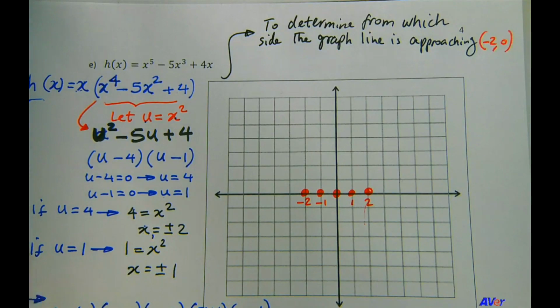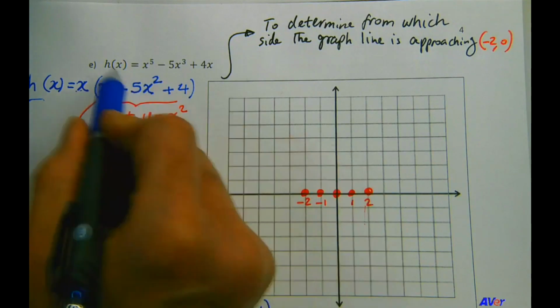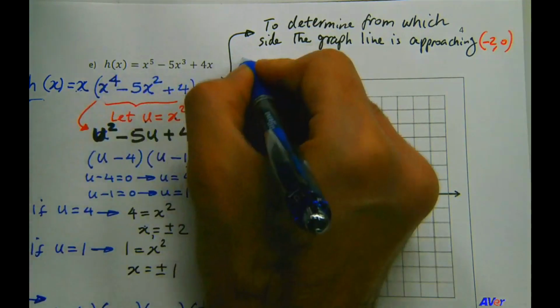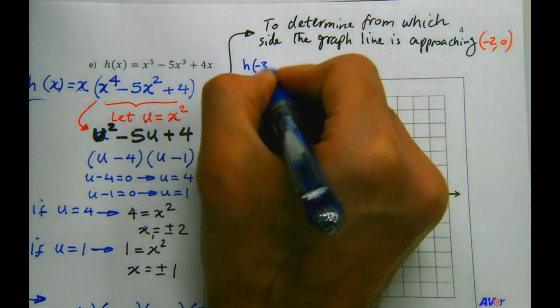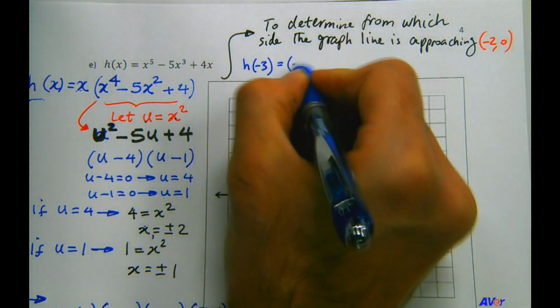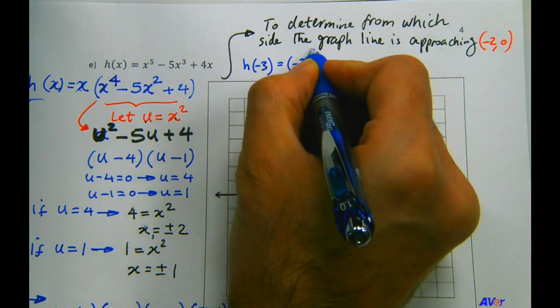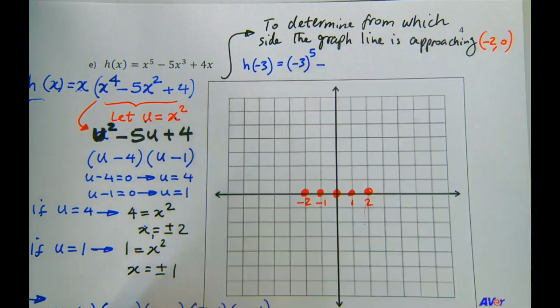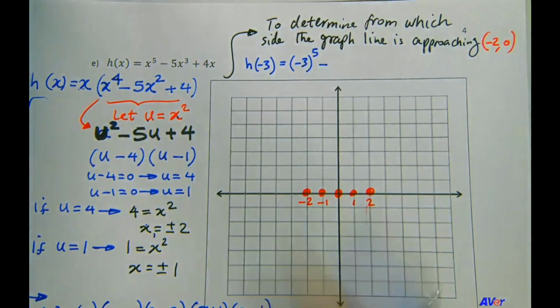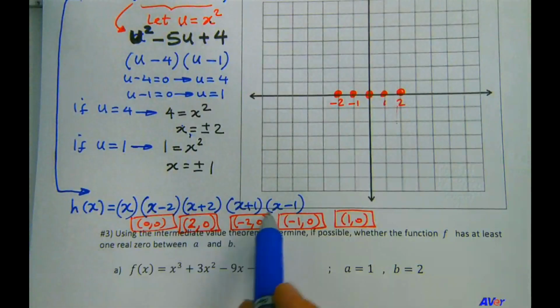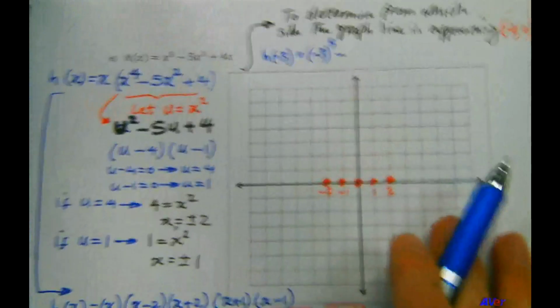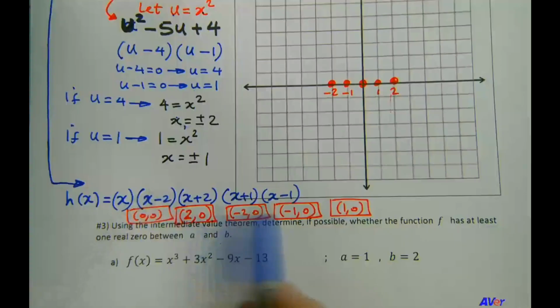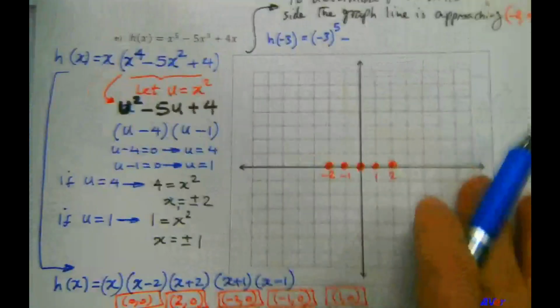So this is what we will do. Evaluate this function at negative 3. H at negative 3 equals negative 3 to the 5th power minus, you could put negative 3 here, well, it's off the screen. You can put negative 3 in here or here. It makes no difference. It would probably be better if you plugged it in here, but I chose that, so it makes no difference.